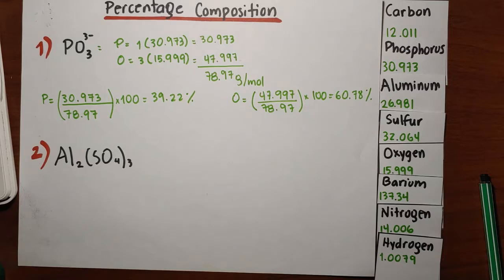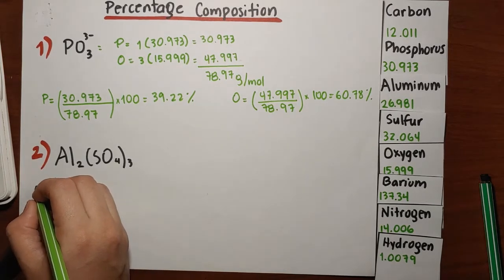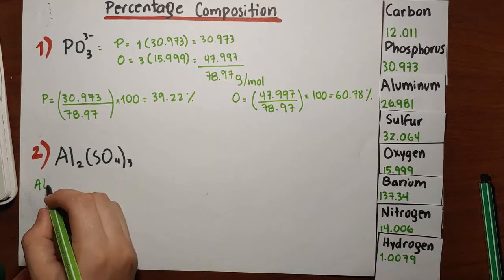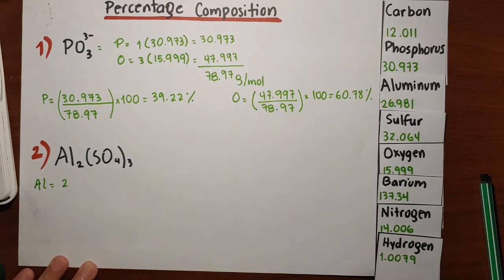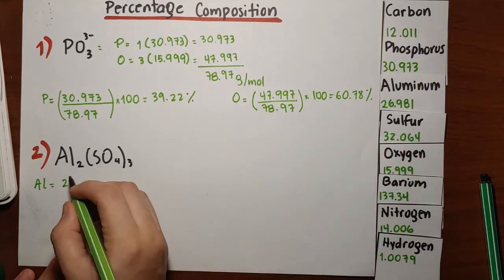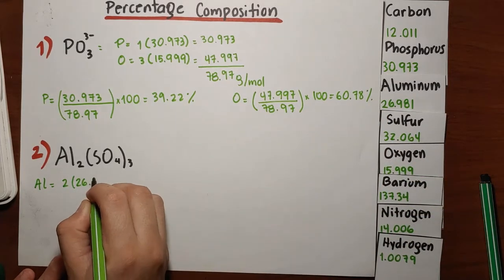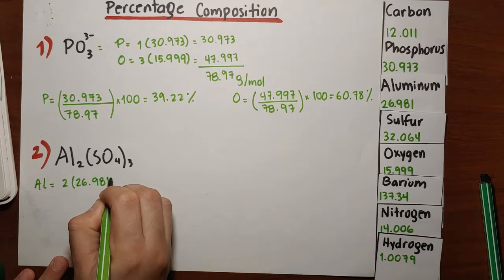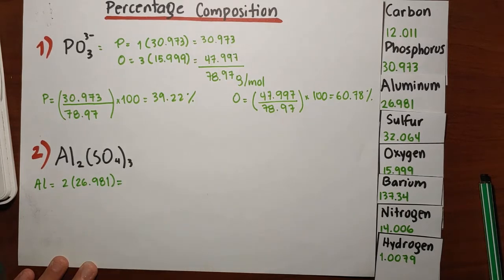Okay, you have to follow the same process here for aluminum sulfate. Remember, we have aluminum, 2 times its atomic mass, which is 26.981. This gives you something.